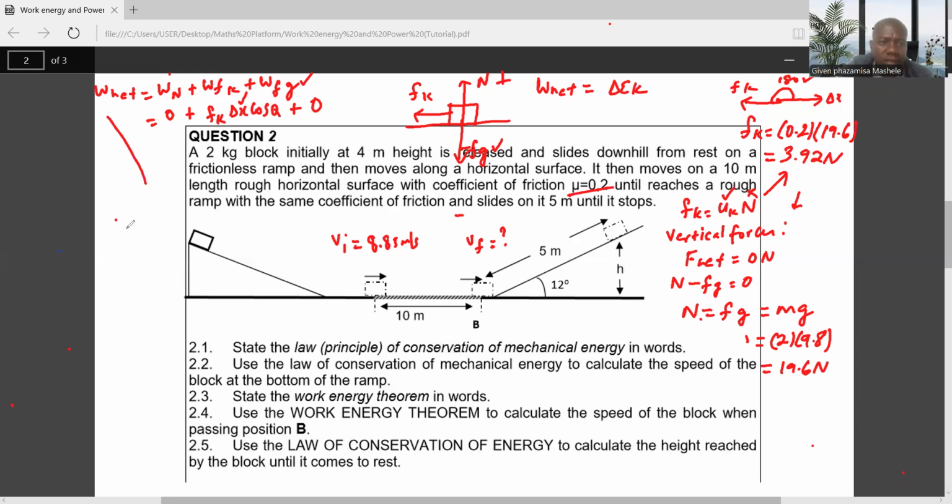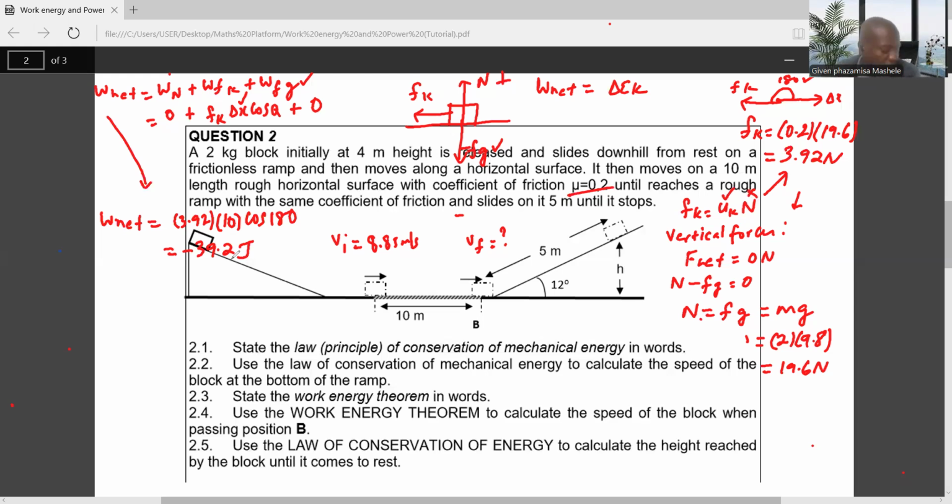Now we can calculate our net work. Remember, it's just due to the frictional force. The frictional force is 3.92, delta x is 10, and the angle between is 180, so it will be negative work. 3.92 times 10 times cos of 180 gives us minus 39.2 joules.